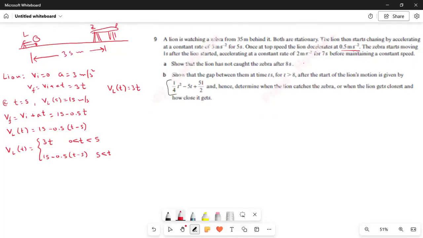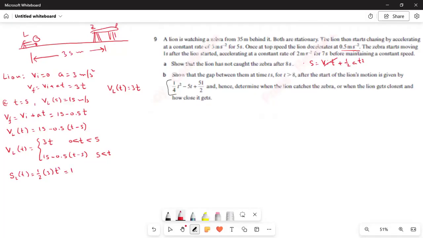Now how much distance will it travel? So the distance traveled by the lion as a function of time. We have this famous equation: S equals Vi t plus half a t squared, right? In the beginning the lion starts with zero speed, so that term is gone. So S is equal to half, and acceleration is 3, times t squared.